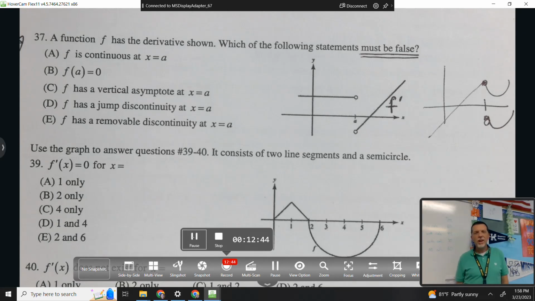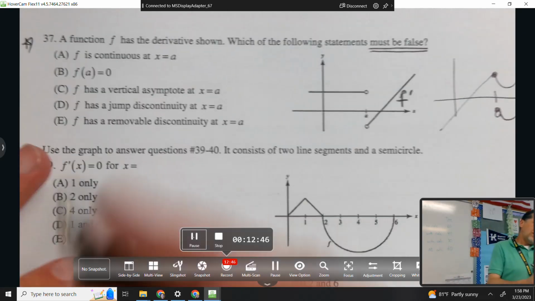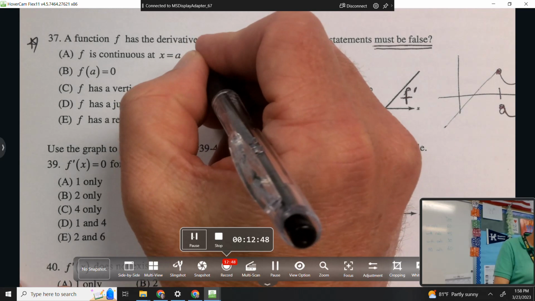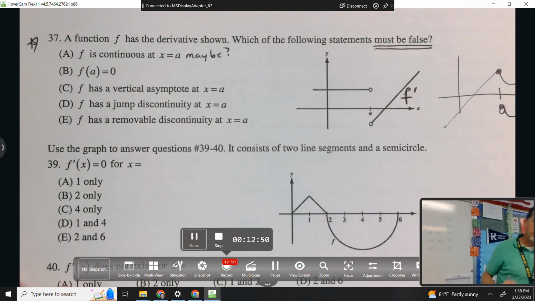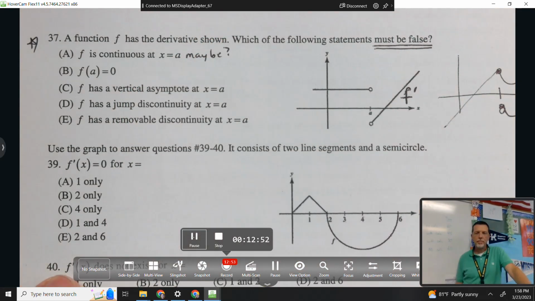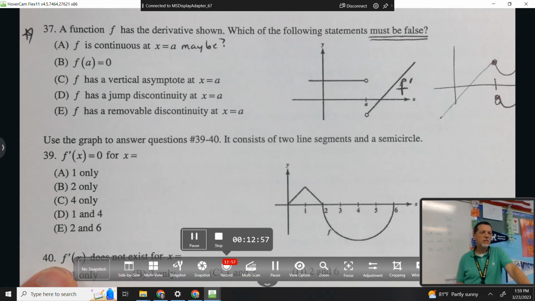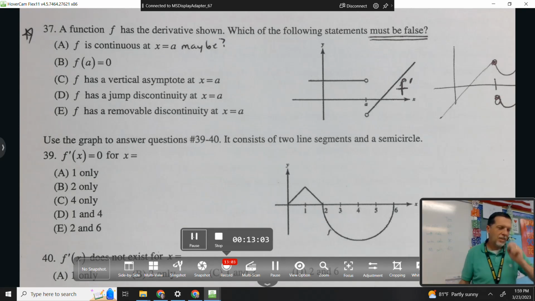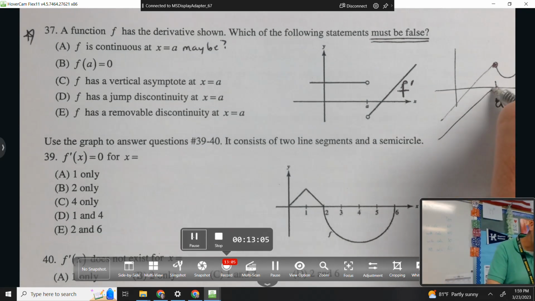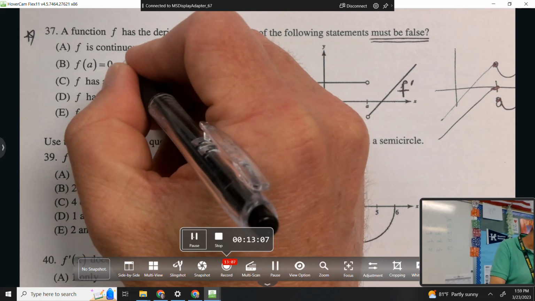So f is continuous. Maybe. F of A equals 0. Maybe. Because maybe this starts down here and lands at 0, so maybe.